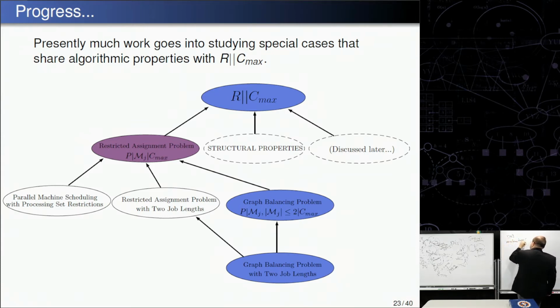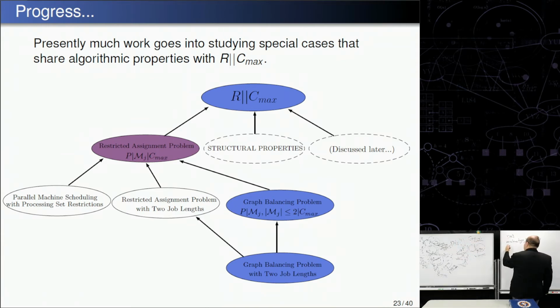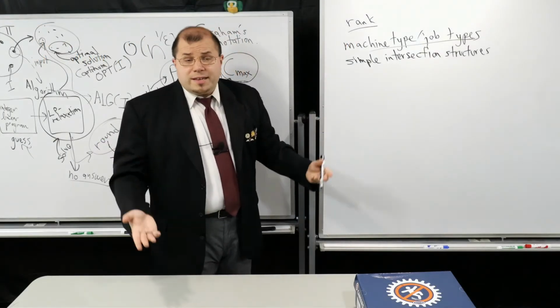There are also other types called job types. These are just a couple of examples. A third one that I find interesting, and that I've worked on in collaboration with a couple of other researchers, is so-called simple intersection structures.